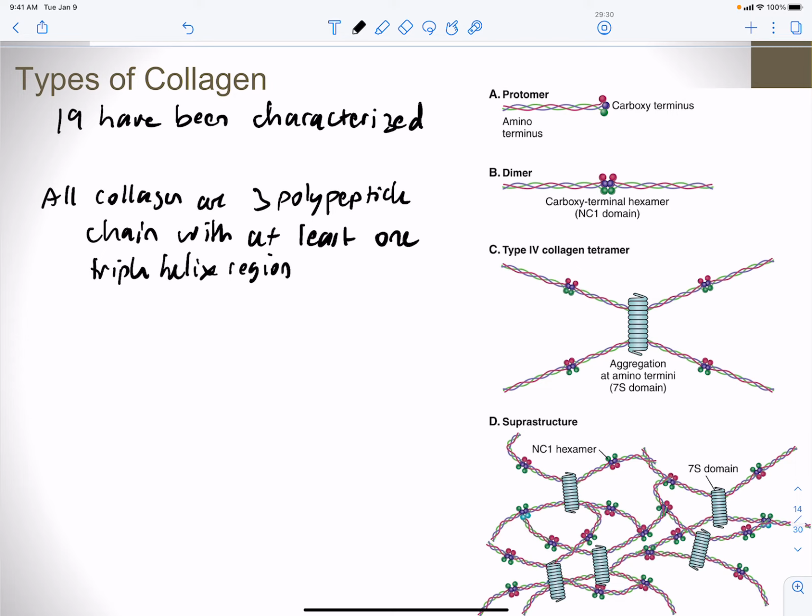The non-triple helical domains can be short or large. One of them that's large is a network forming collagen type 4 that creates a mesh-like structure.